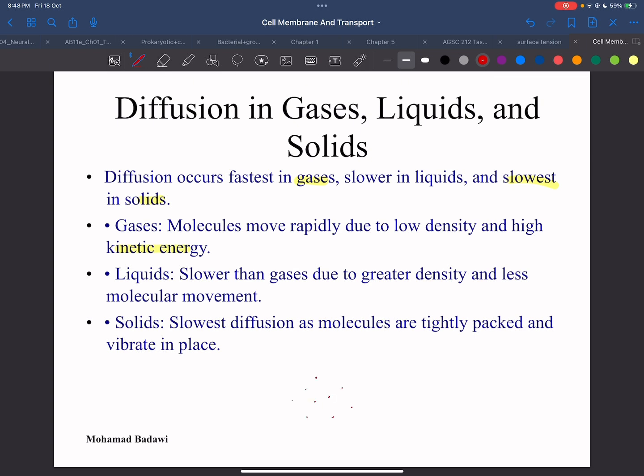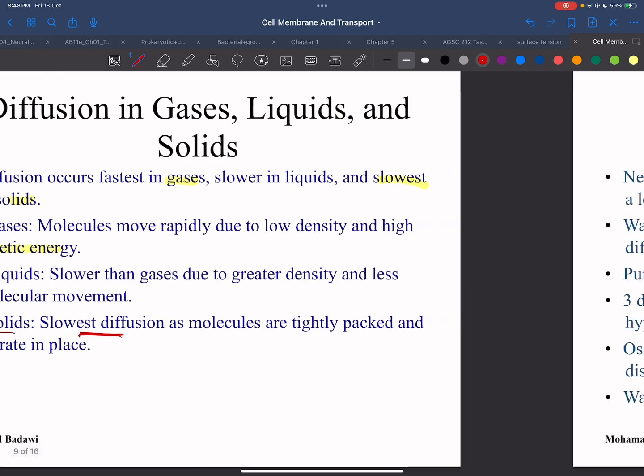They're still moving around, but not as fast as in gases. That's why diffusion will be slower in liquids, and that's why it is slowest in solids. Why? Because the particles are tightly packed to each other. They vibrate in place. They're not able to move around like in gases. That's why diffusion is going to be slowest in solids.